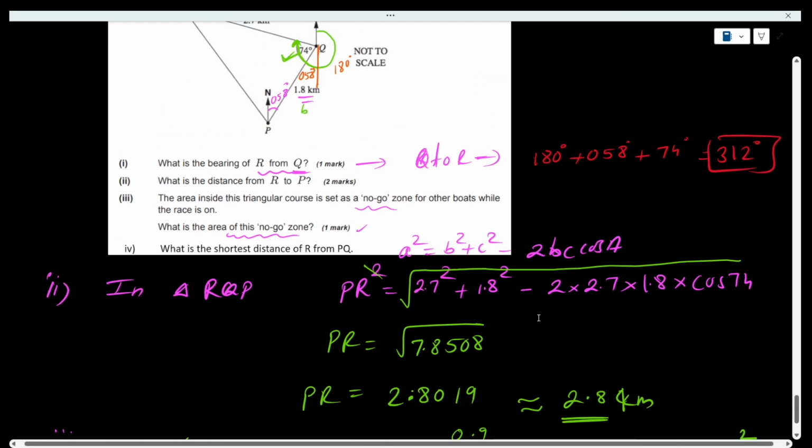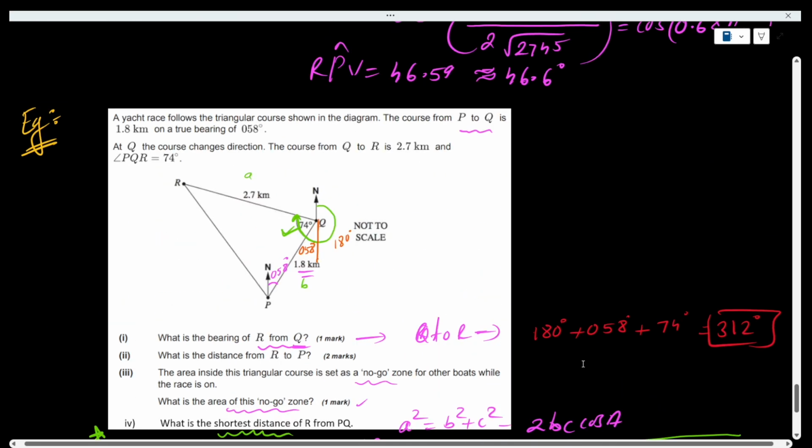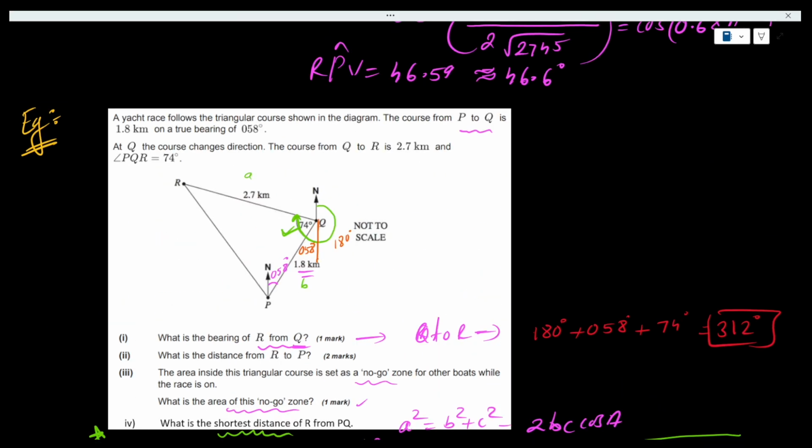After that, this question is also very important, the fourth part. What is the shortest distance of R from PQ? Now remember one thing, whenever you are talking about the shortest distance, it is always taken as perpendicular. So if I draw the perpendicular from R to PQ, this H is called the shortest distance.